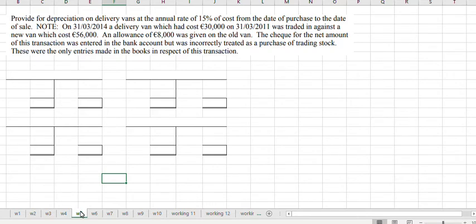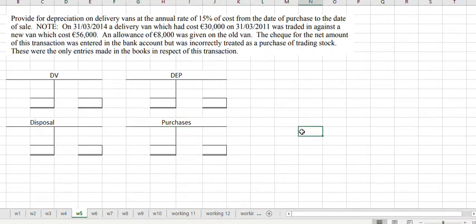You're looking for delivery van number, depreciation for the year, accumulated depreciation, disposal figure or profit or loss on disposal, and the new purchases figure. So follow this method every time and you can't go wrong. Okay, disposal account and purchases account.